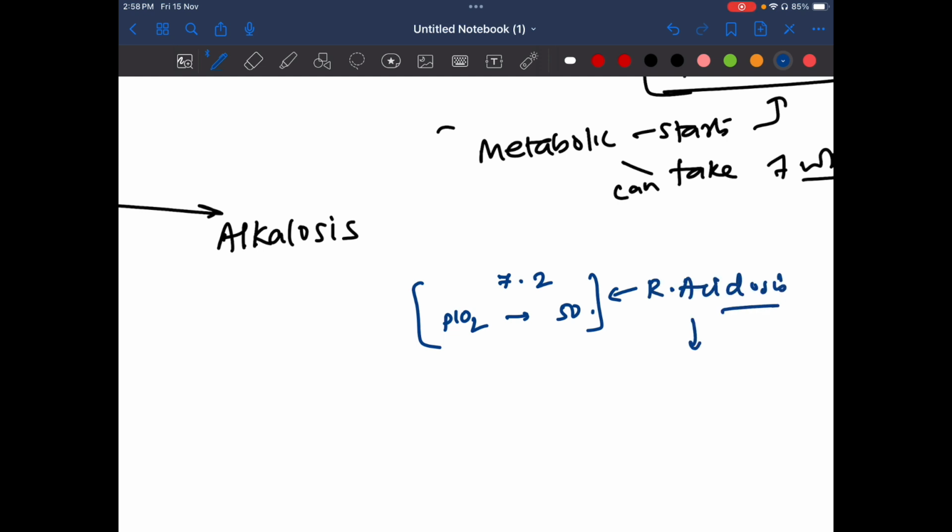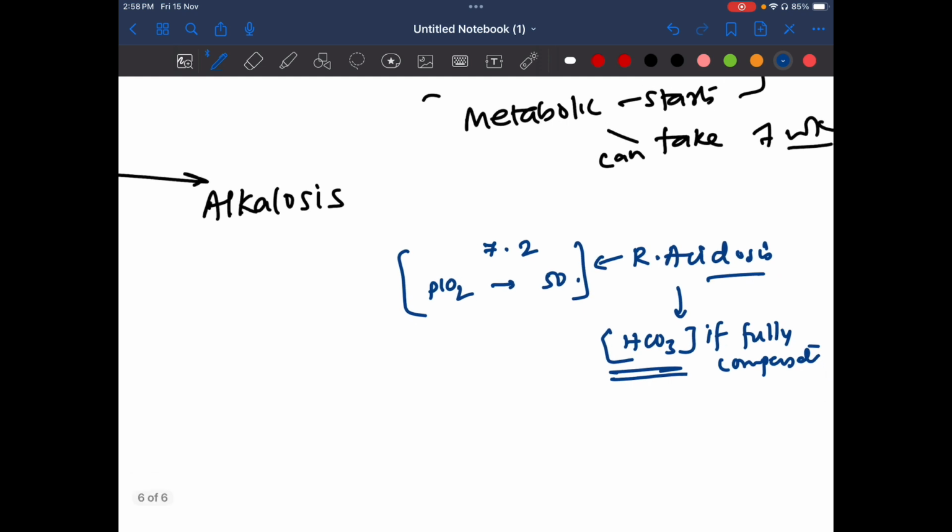What do you expect the bicarb concentration to be if fully compensated? How much change is there from 40? There is a 10 change. So for every 10 change, there should be 1 change if it is acute respiratory acidosis.